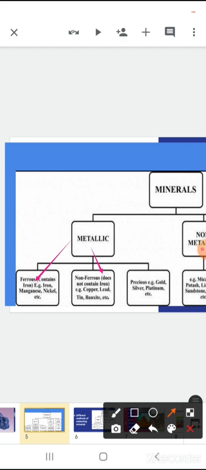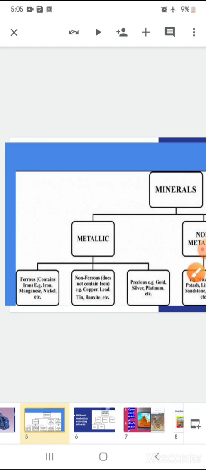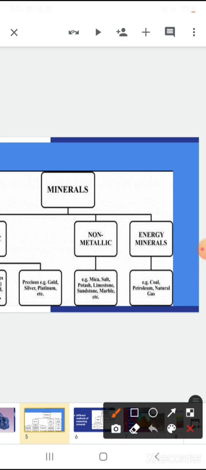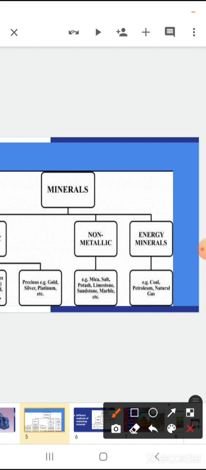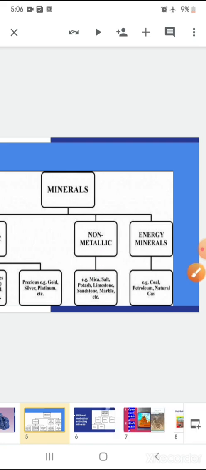It can contain copper, lead, bauxite, etc. And then you have the precious ones, gold, platinum, etc. If we switch to non-metallic, we have mica, salt, potash, limestone, sandstone, marble, etc. And energy minerals, all of you know: coal, petroleum, natural gas, etc.